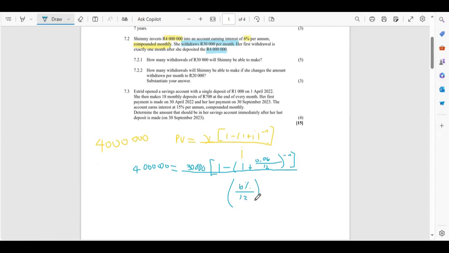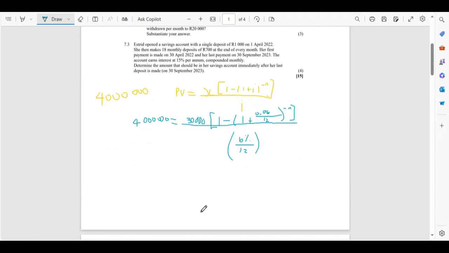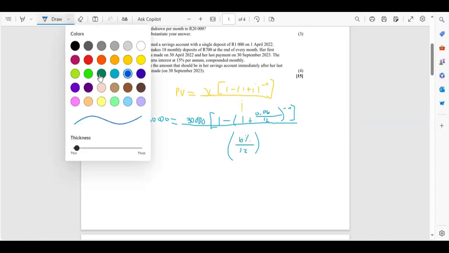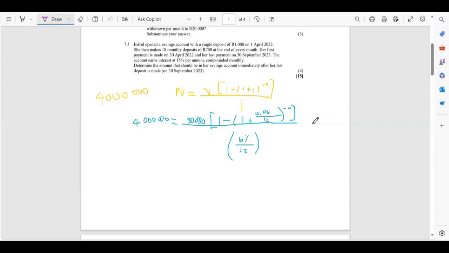Now, what is the first step here? The first step is that I need to remove this denominator. And how would I do that? Because it's dividing, I need to do the opposite of division, which is multiplication. So I will multiply both sides by 6% over 12.